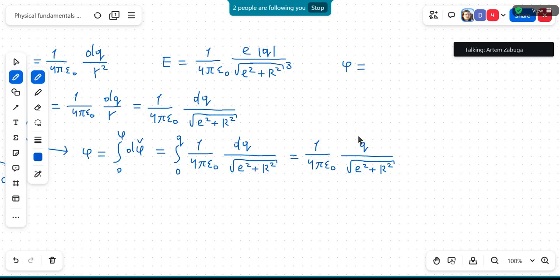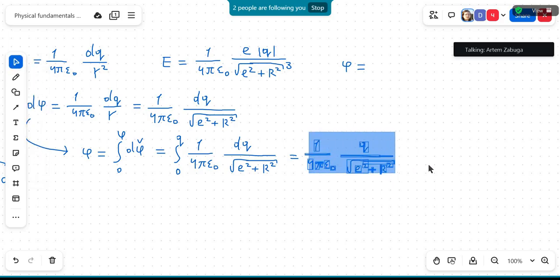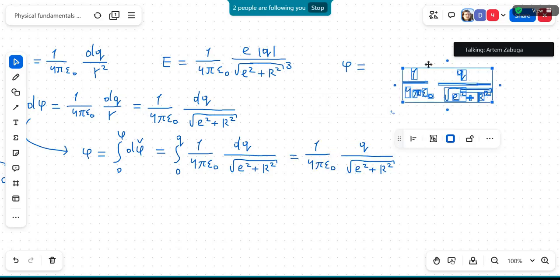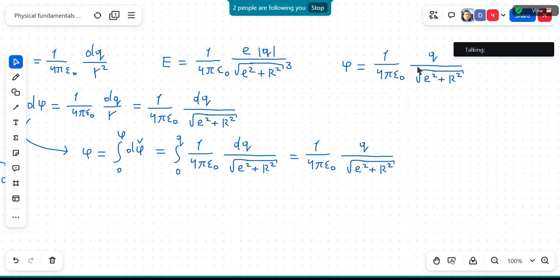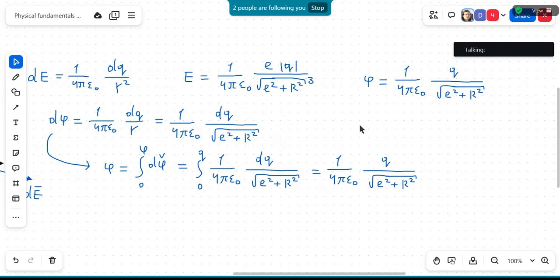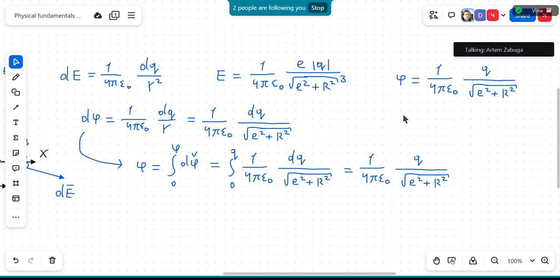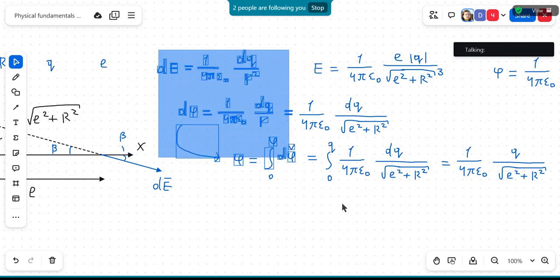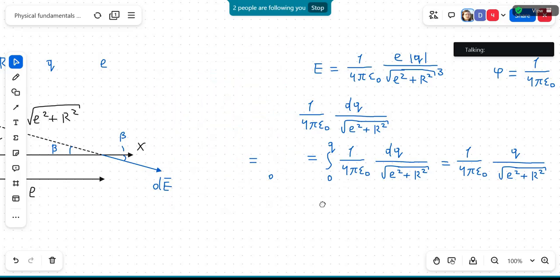So here we have found two values: the absolute value of electrostatic field intensity, and electrostatic potential.